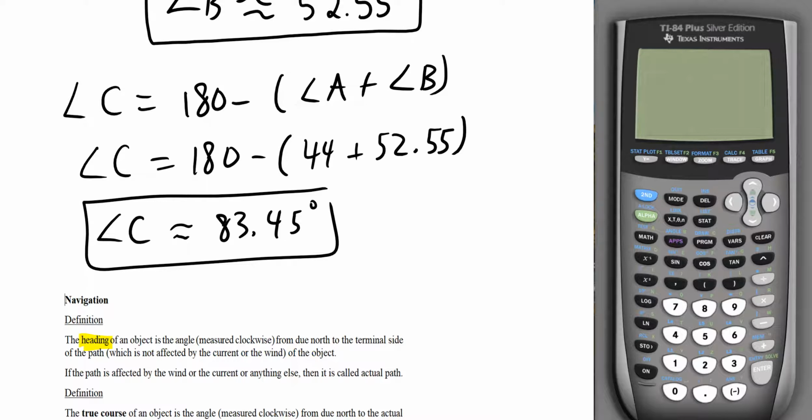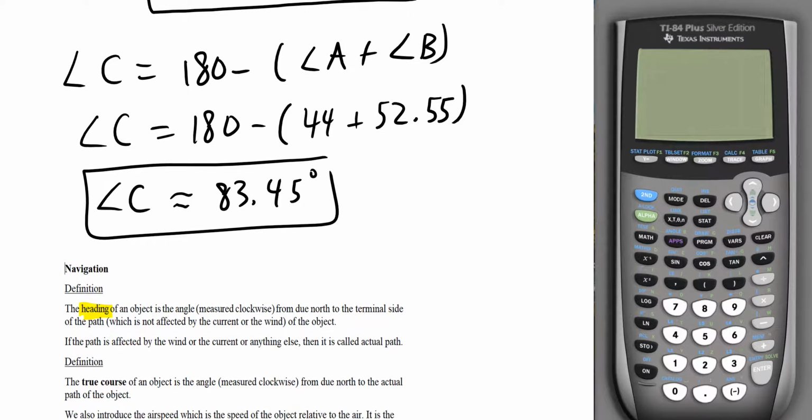If that path gets affected by either the wind or the current or anything else, then it's called the actual path. I'll show you in a minute what that means. Another definition is the true course. The true course of an object is the angle formed from the north to the actual path of the object. That's called the true course.